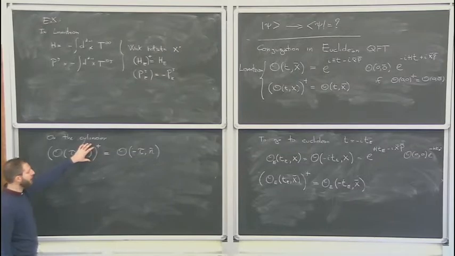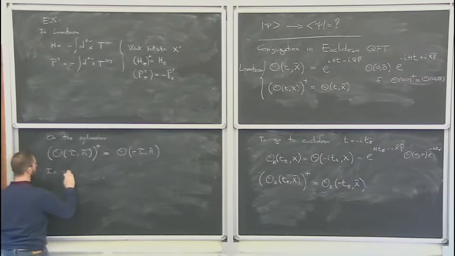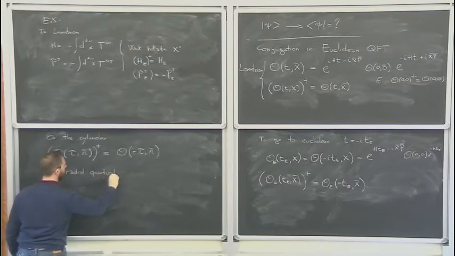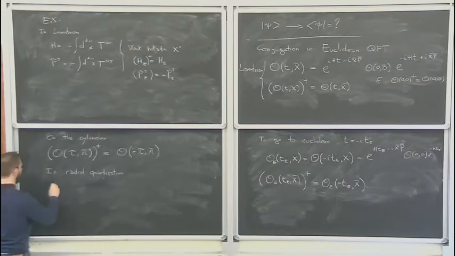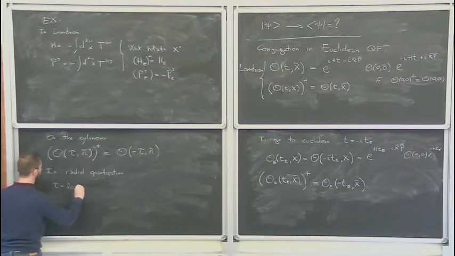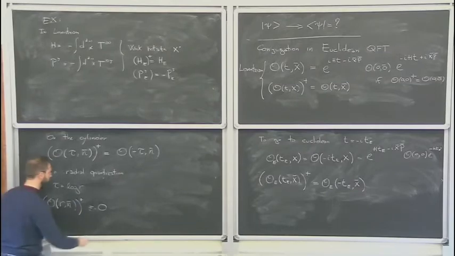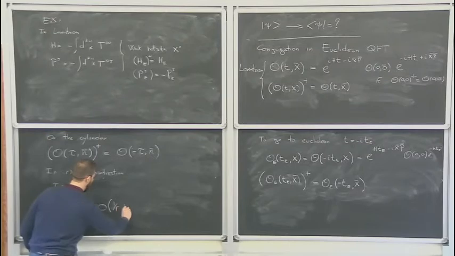And if we now translate this statement in radial quantization, where tau is log of R, we see that operators inserted at R and vector n, when you take the complex conjugation, go to operators inserted at the inverted point, 1 over R, n.